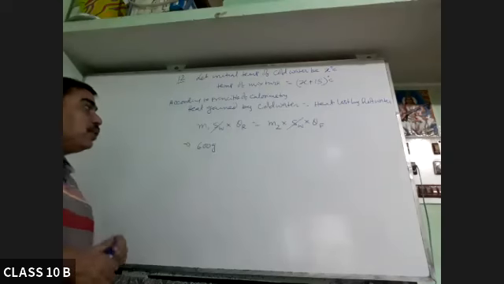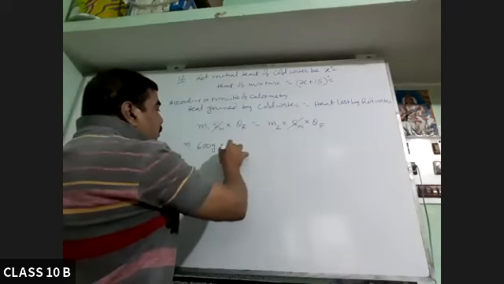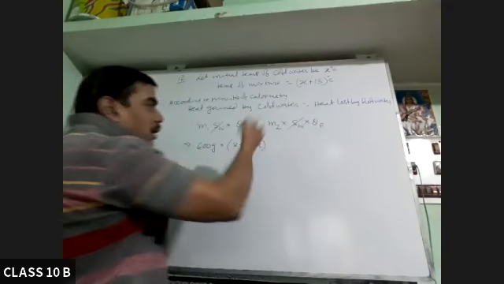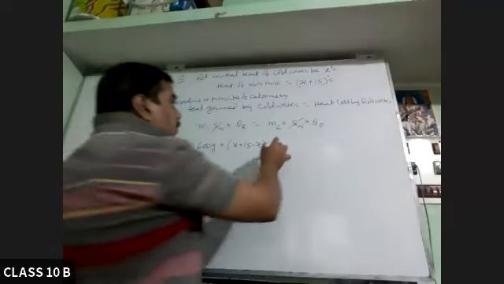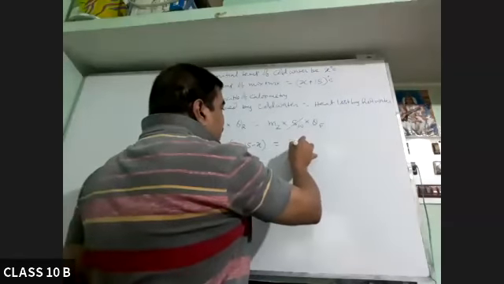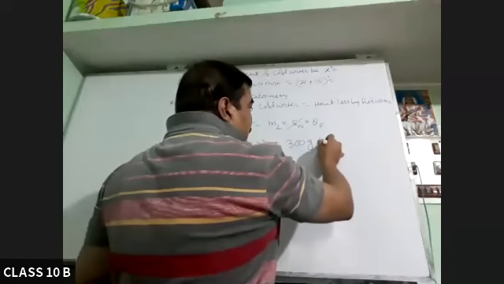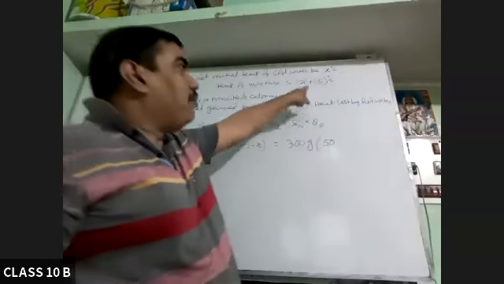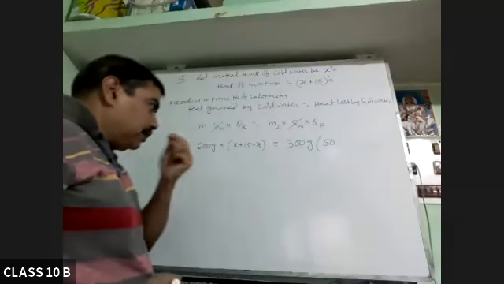So mass of cold water is 600 gram. Now what is the rising temperature? It is X plus 15 minus X, or directly you can write 15 degrees Celsius, which is the rising temperature. Hot water is 300 gram. And what is the falling temperature? From 50 degrees, it will come down to X plus 15, because this is the temperature of the mixture.